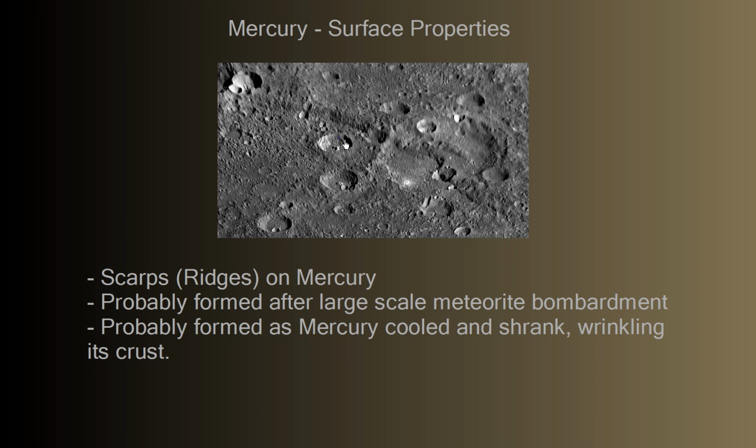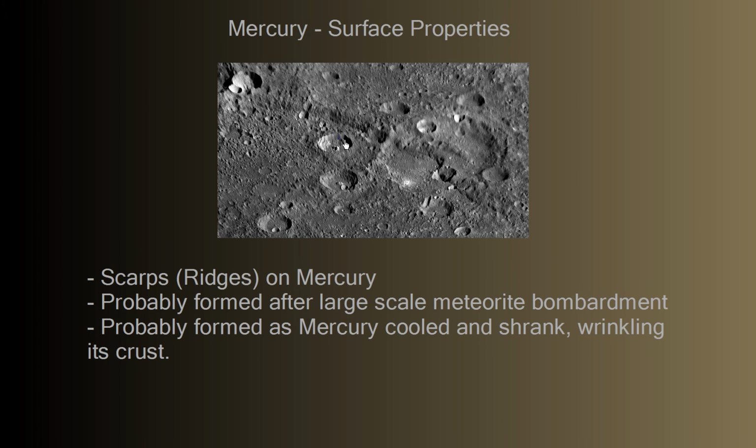Everything cools. If you haven't noticed, if you heat something up and just let it sit, if you don't keep adding energy to it, it's going to cool down. So everything in our universe seems to be cooling over time, and planets aren't exempt from that.